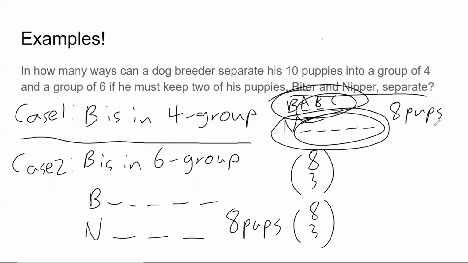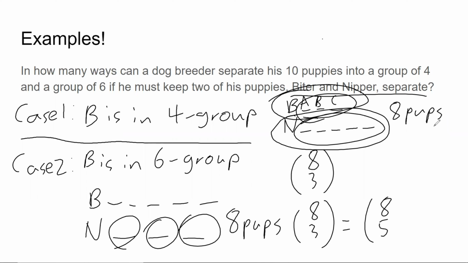Because there are 8 puppies, and we could choose three to put them here, and everyone else would by default go with Biter. And note that this would be the same thing as choosing 8 choose 5, because we could choose 8 puppies to fill in the blanks here, and the other 3 by default go to Nipper.